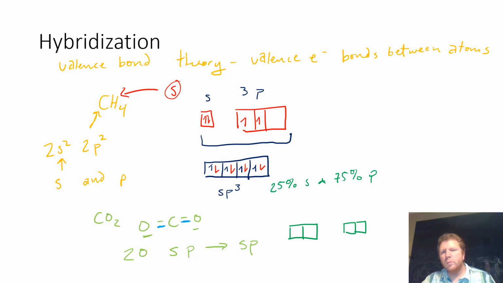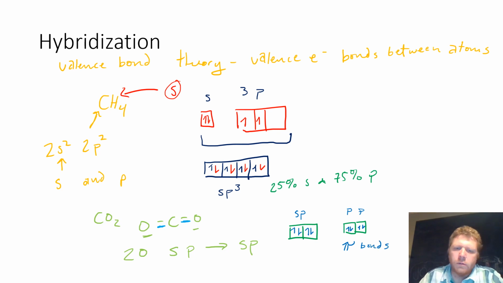These sp hybrid orbitals can establish our connection with the oxygen, and that will leave behind our 2 other p orbitals. Our two p orbitals can ultimately be used for what we know as our pi bonds.